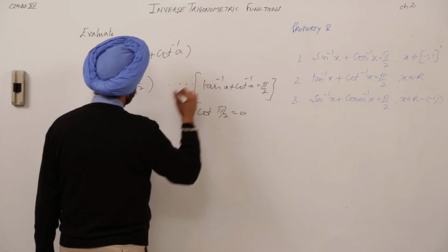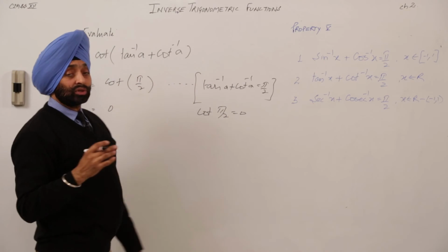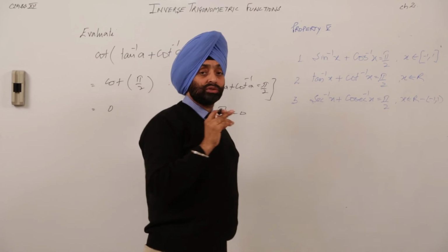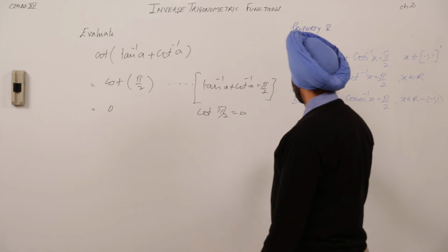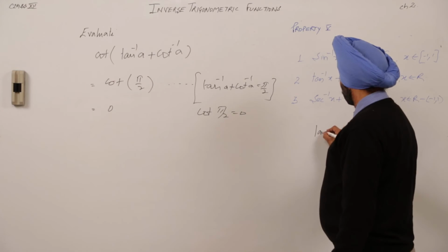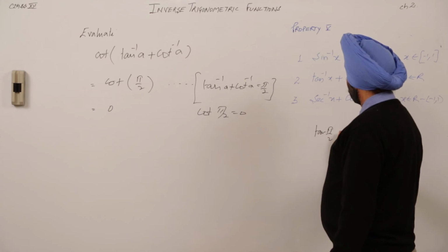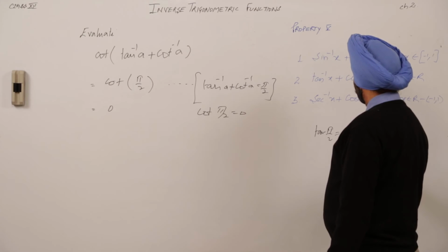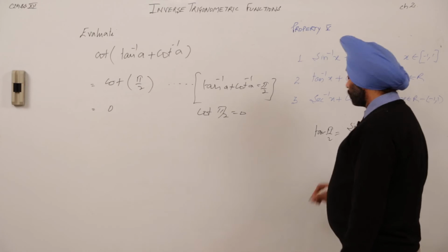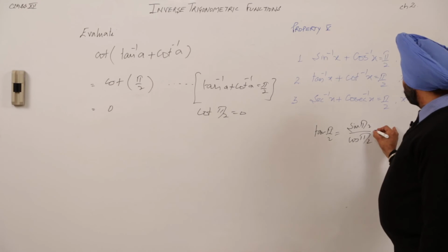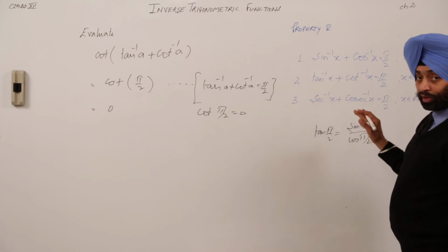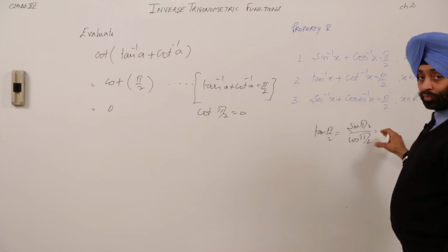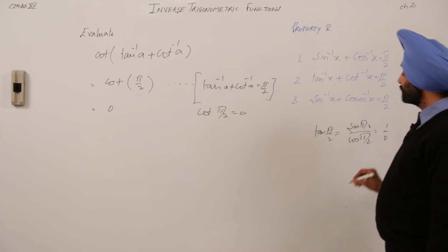It is 0. Remember one thing, what is tan pi by 2? Tan pi by 2 is undefined. We write tan pi by 2 is equal to sin pi by 2 upon cos pi by 2, which is 1 upon 0, undefined.